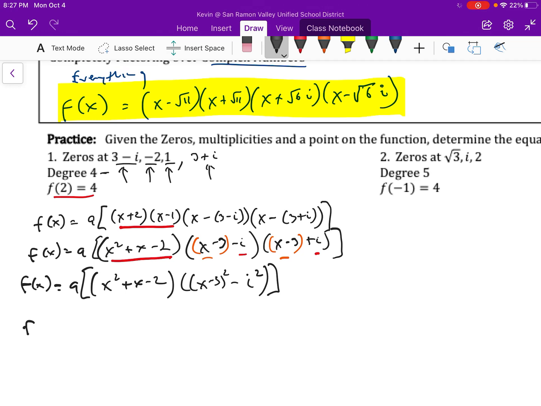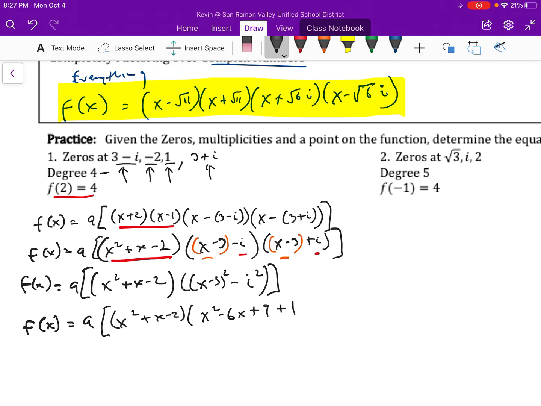So f of x equals a. Let's just start simplifying a bit. x squared plus x minus 2. Still not doing much with that. Going to expand this out. x squared minus 6x plus 9.